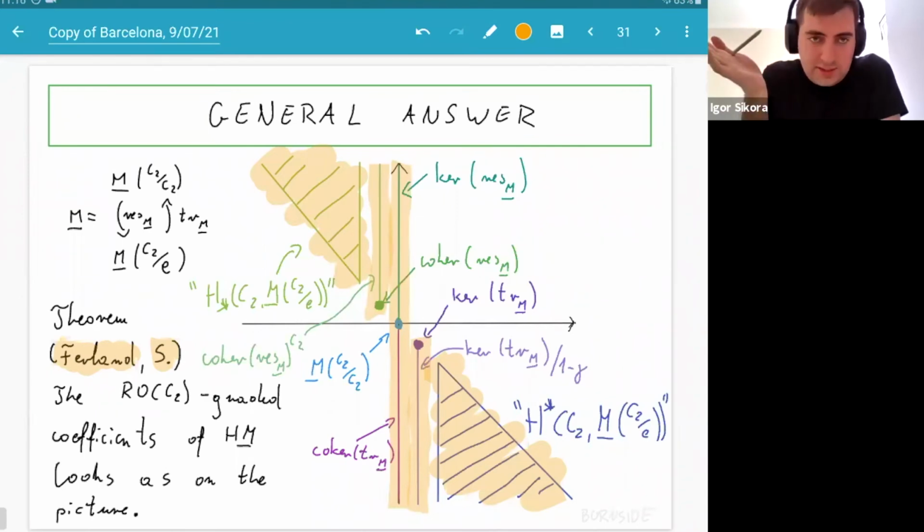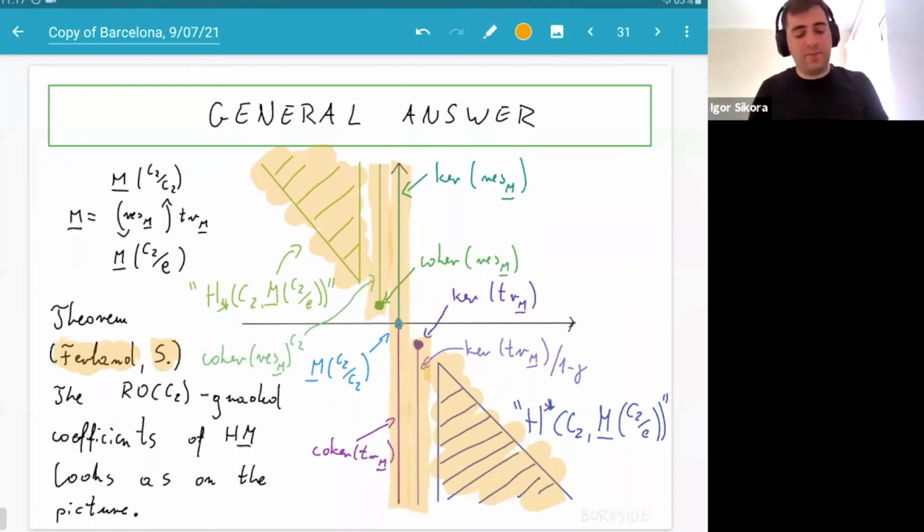And in particular, we see that these coefficients depend only on the structure of the Mackey functor. This is, of course, not very surprising because they don't have anything else to depend on, but we should also describe how they depend. So this is how they depend. So this is the general answer for the RO(C2)-graded abelian group structure.